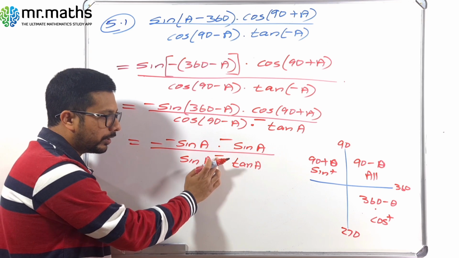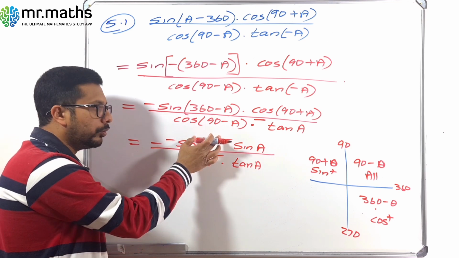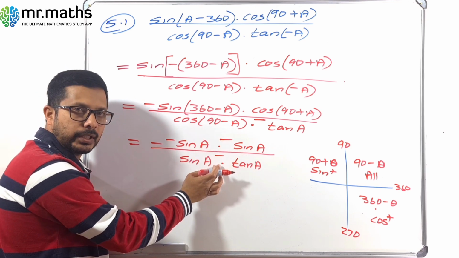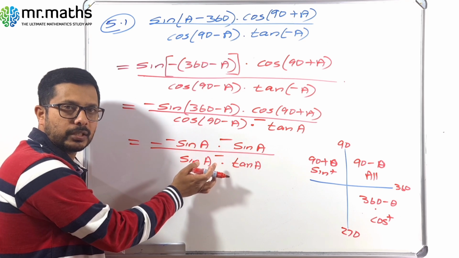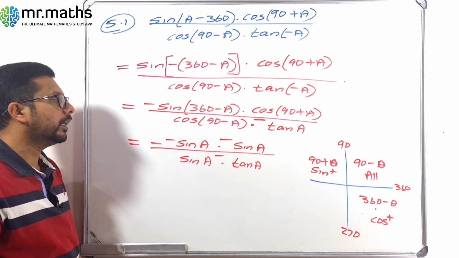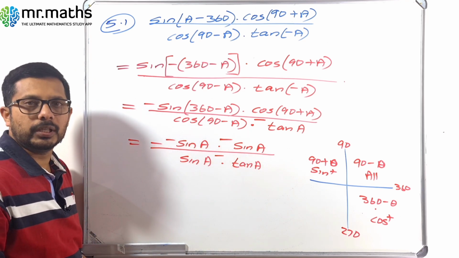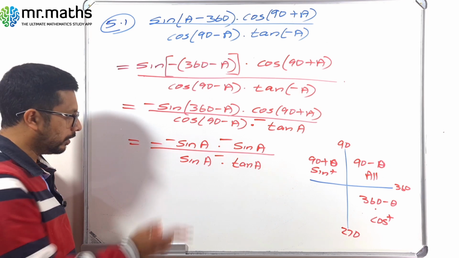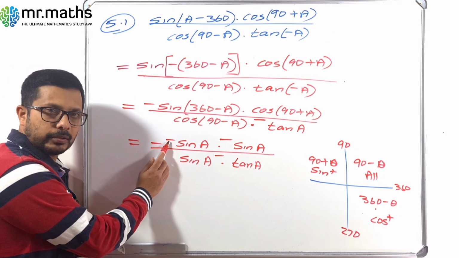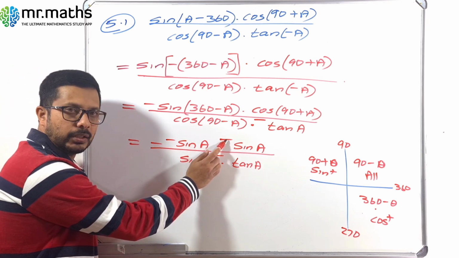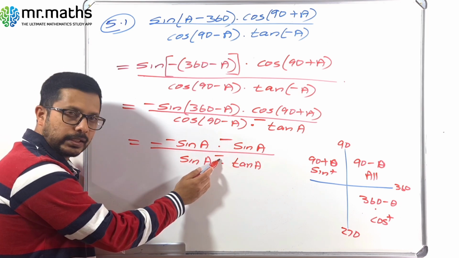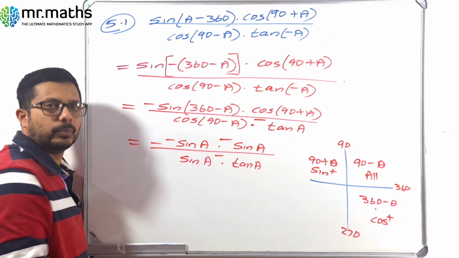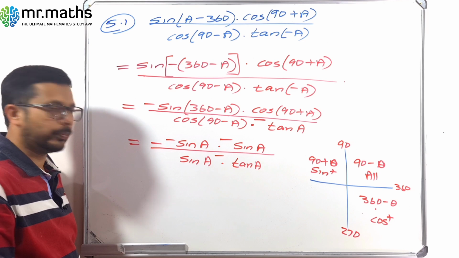The denominator is also negative, so numerator negative divided by denominator negative is positive. So anyhow the final answer is going to be positive.